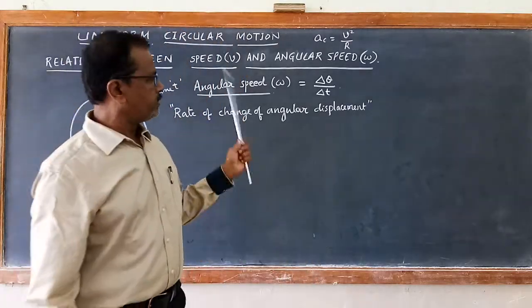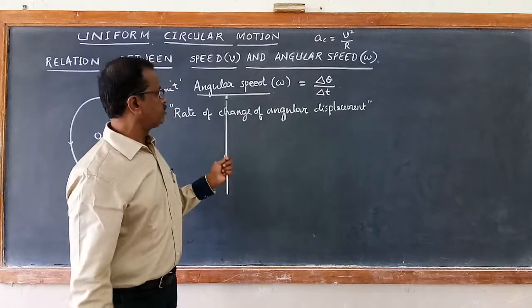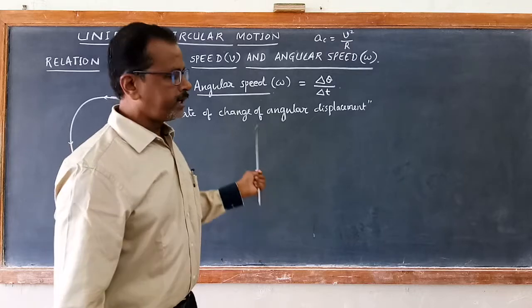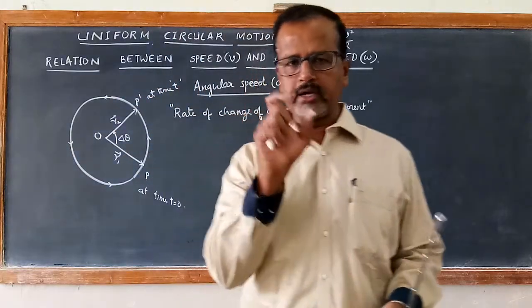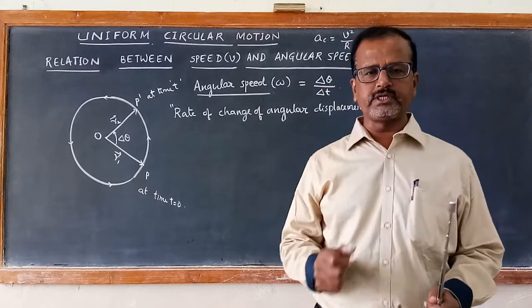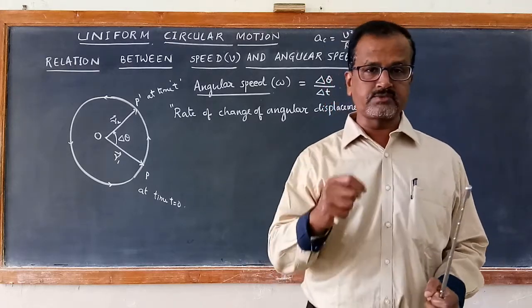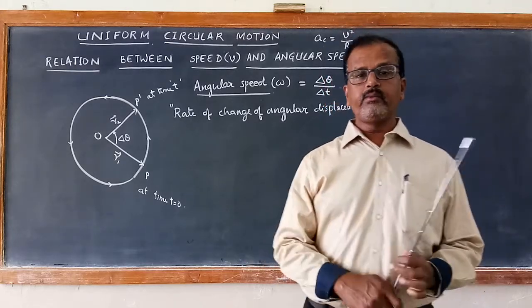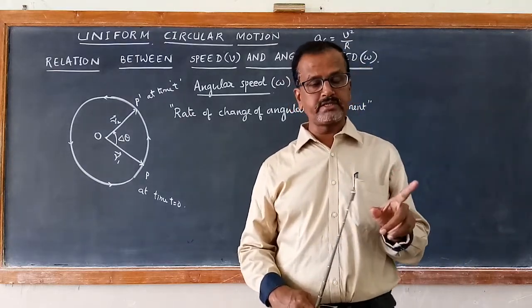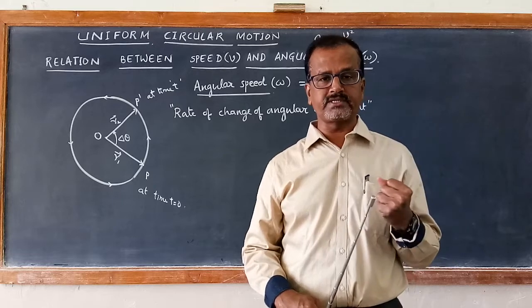Since we are taking only the magnitude of angular velocity, we are calling it angular speed. Angular velocity is also a vector quantity. What is the meaning of angular velocity? What is its direction? All these things we are going to learn in detail when we study rotational mechanics, in the forthcoming topics.